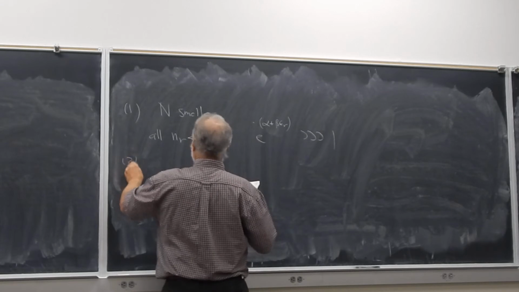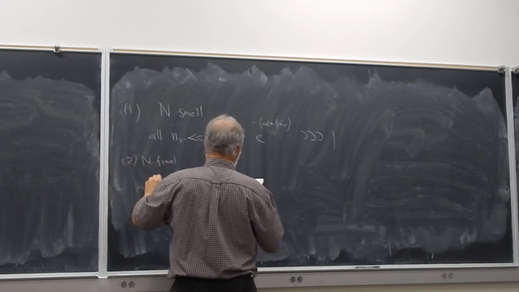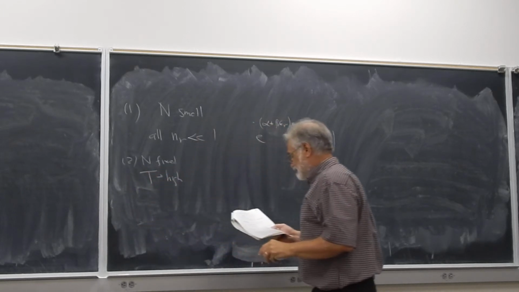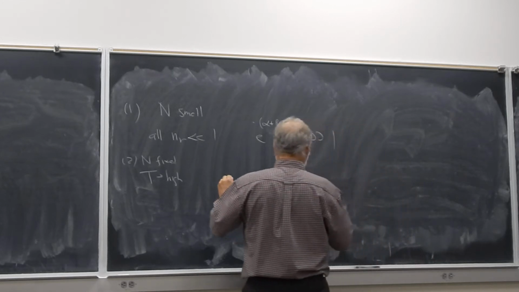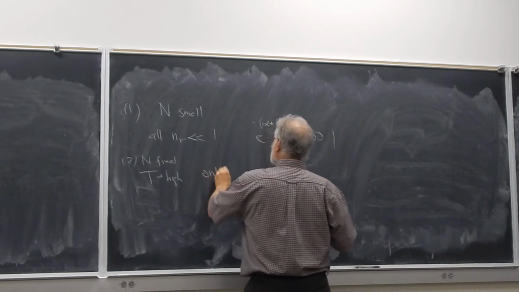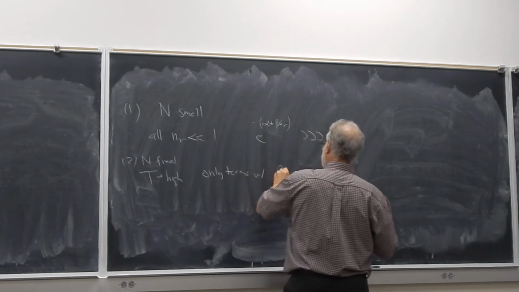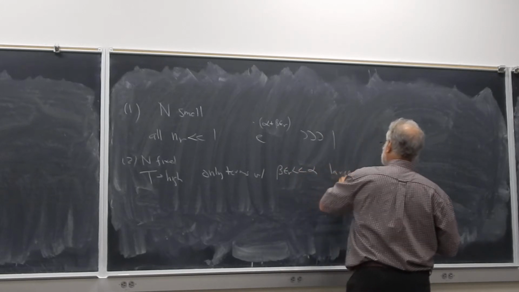Secondly, suppose n is fixed, but we're at high temperature. So we're at high temperatures. That means small betas. In that case, only terms with beta e sub r much, much less than alpha are going to be large.